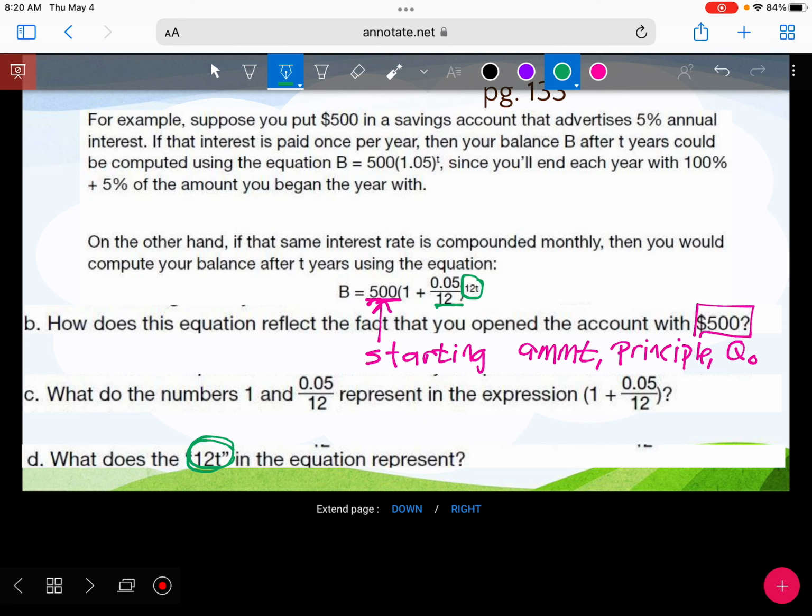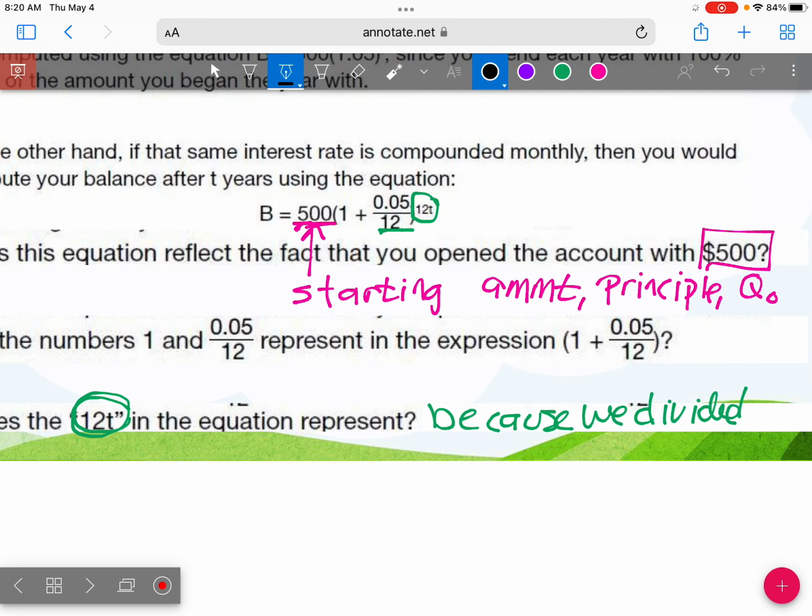That would be 1 month. If I put a 2 up there, intending it to be 2 years, it's really only doing 2 months. So because we cut the interest, we have to raise it to the exponent more times.